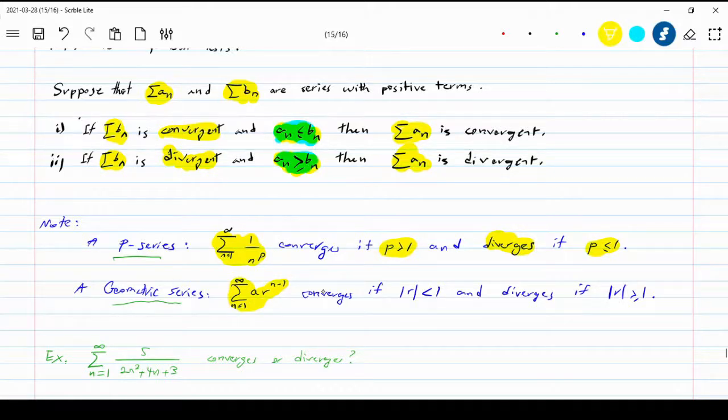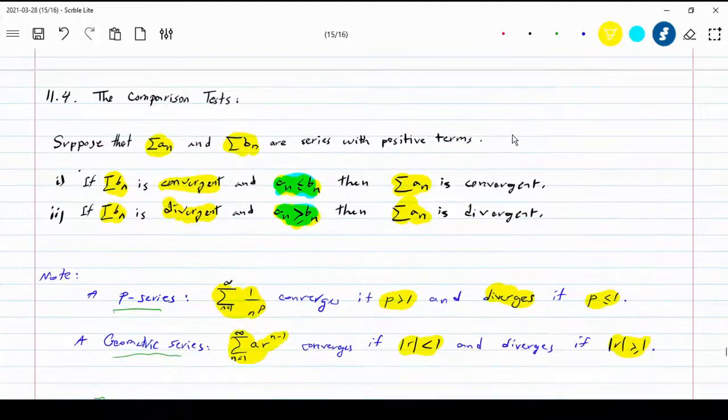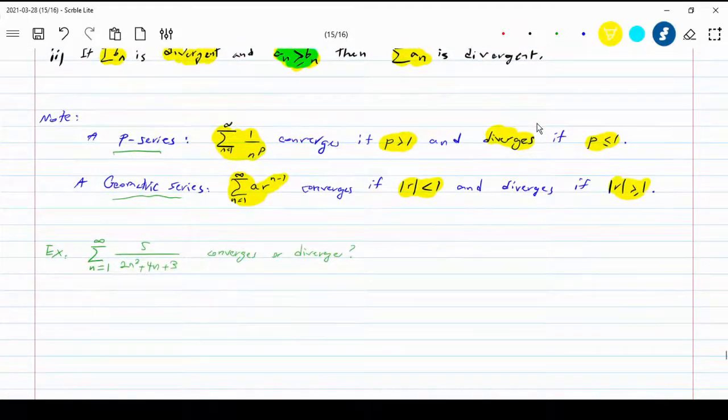In these cases, we know that the geometric series is convergent if the absolute value of the common ratio r is less than 1, and it is divergent if the absolute value of r is greater than or equal to 1. Okay, so we normally use these two to apply the comparison test. These are the two common ones.